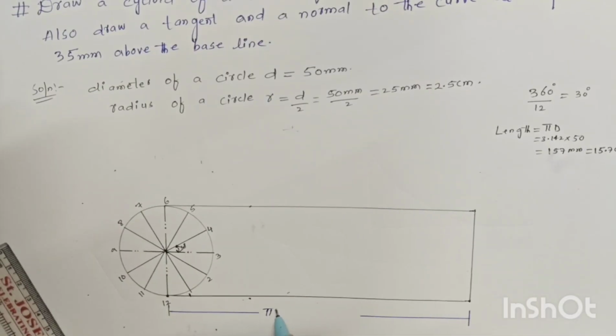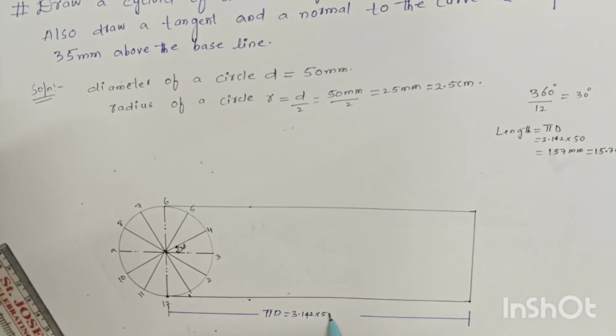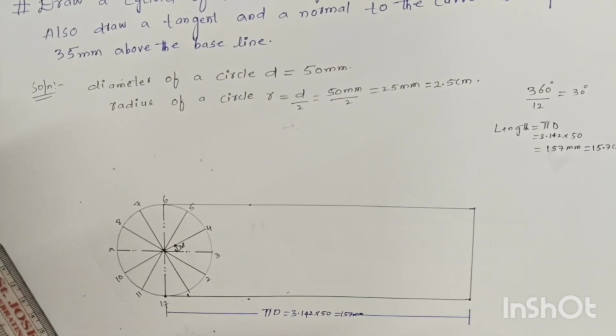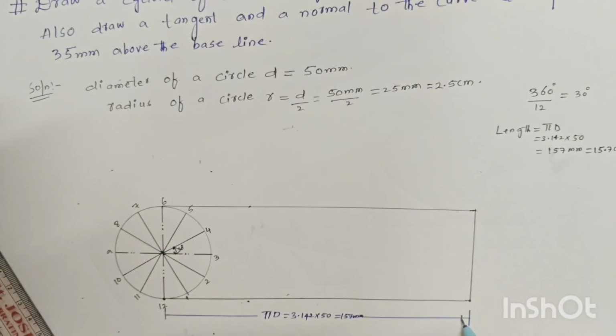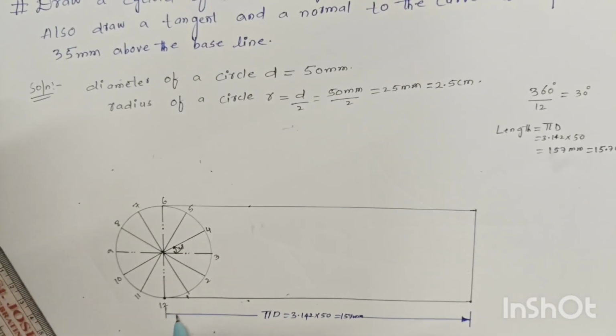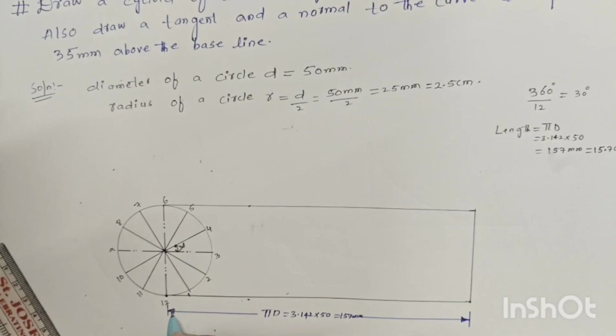Pi d, 3.142 into 50, nothing but 157 millimeter. Clear? Meanwhile, show the dimension here. From this side also show the dimension.